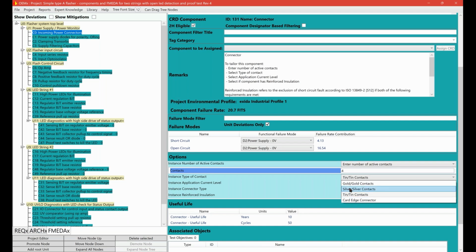Well, let's look at silver. What happens? Whoa, nice. It dropped from 20.7 to 13.8. And oh my, the useful life went up to 20 years. Useful life gets longer with stronger designs. And we have 500 cycles now.